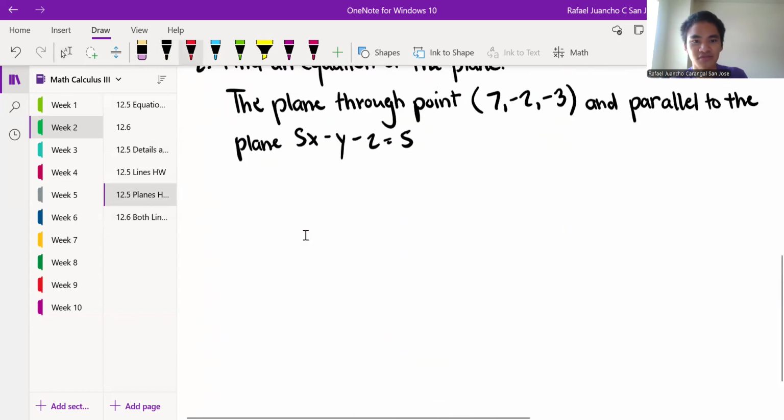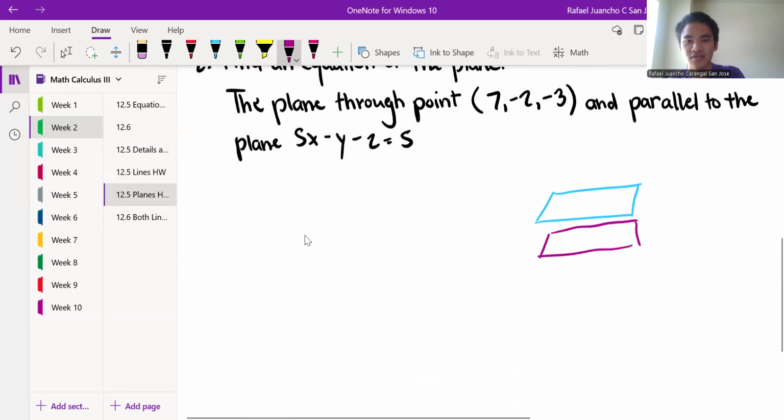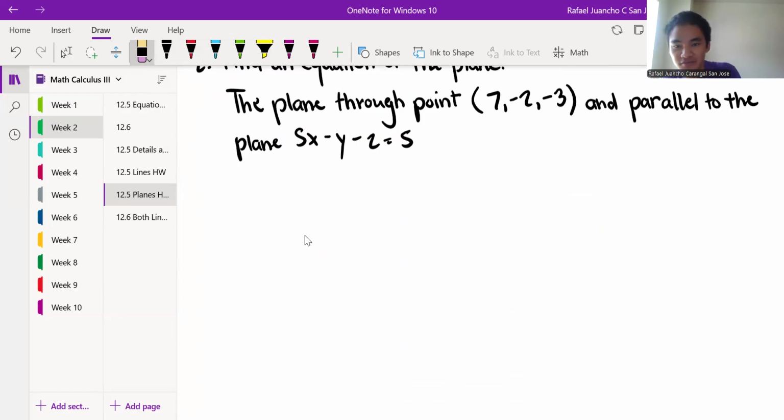Basically, if we had two parallel planes, then their normal vectors, which are perpendicular, are the same. And so we can see the normal vector from the other plane that's parallel, which is this one.